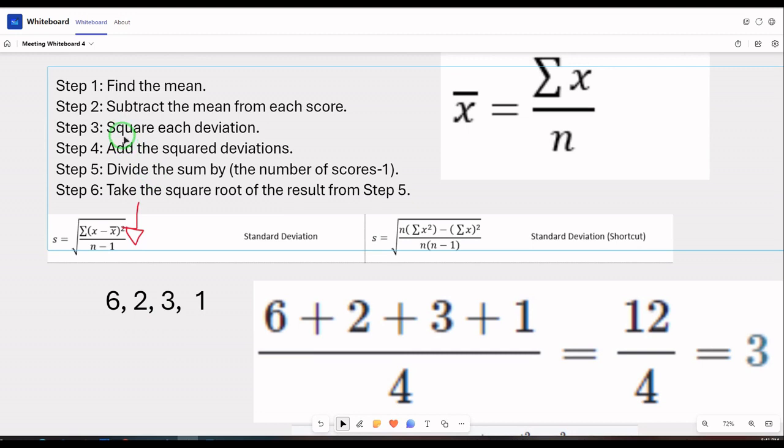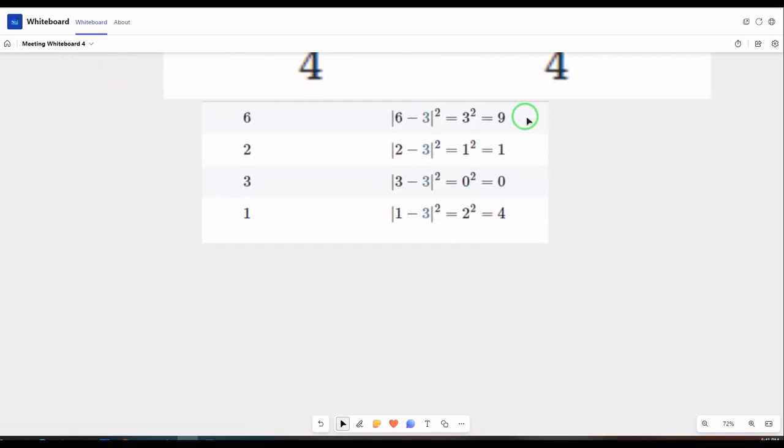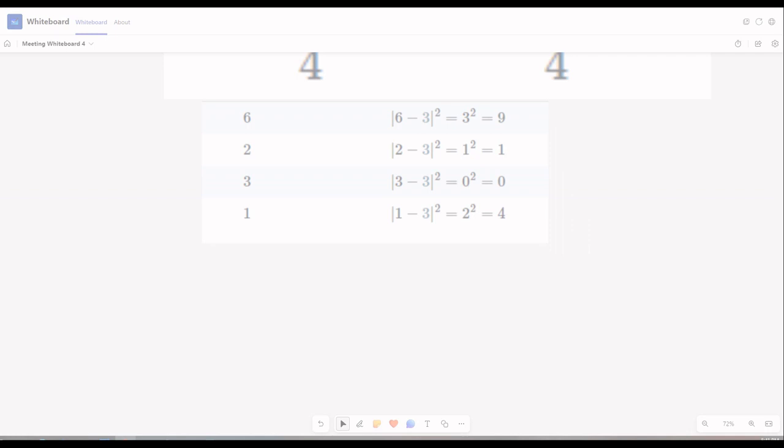So I subtracted the mean from each score, which is step 2, and then I did step 3 as well, which is squaring each deviation. Now the next step would be calculating the sum of all of these squared deviations.